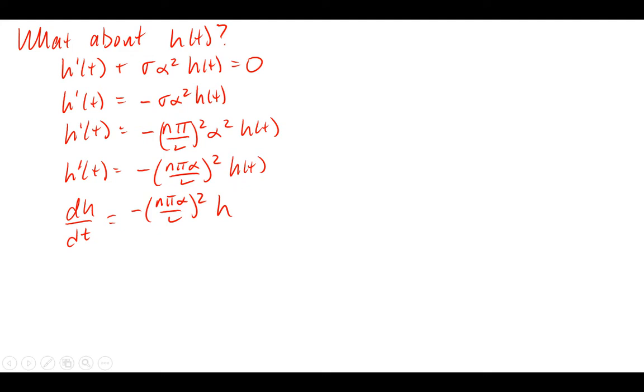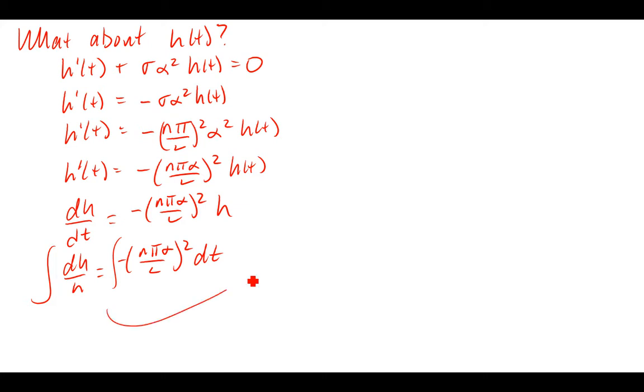And what do I do to do this? I separate and integrate. So I put the dH on the left, put the h on the left, so dH over h equals, once again, this crazy number, times dt. You integrate both sides. And over on the left, you get ln of h. And on the right, of course, you just get that with the t tacked onto the end.